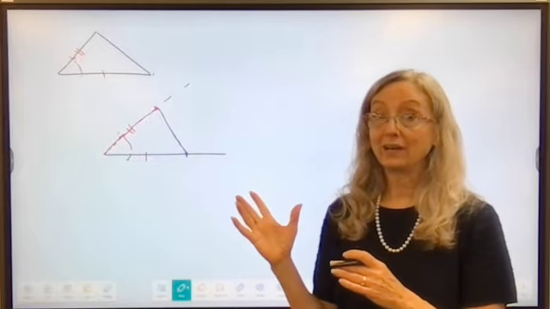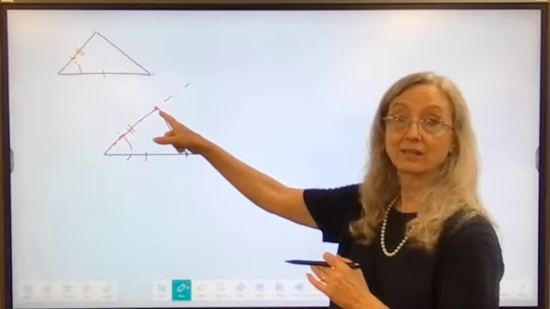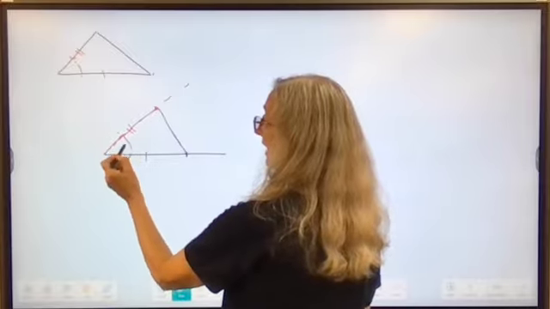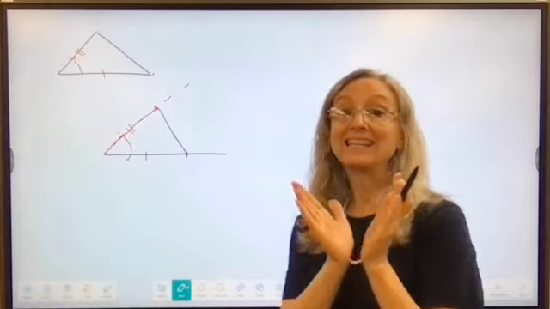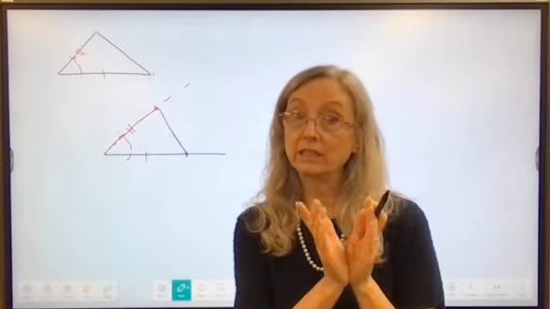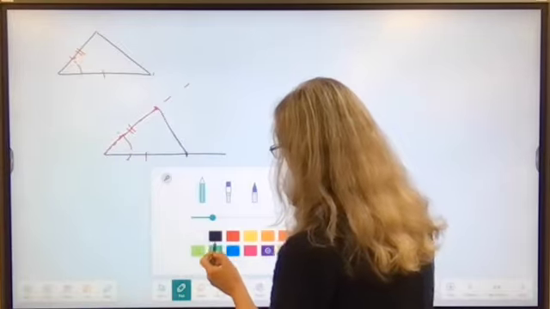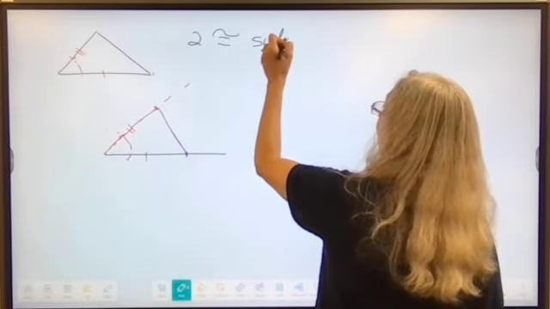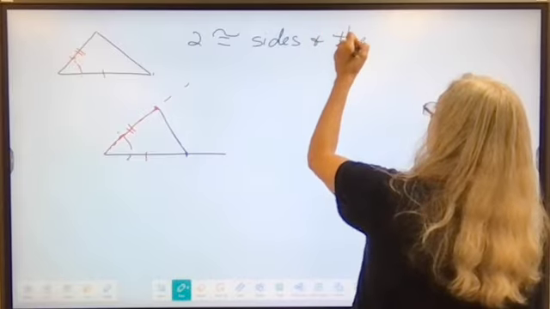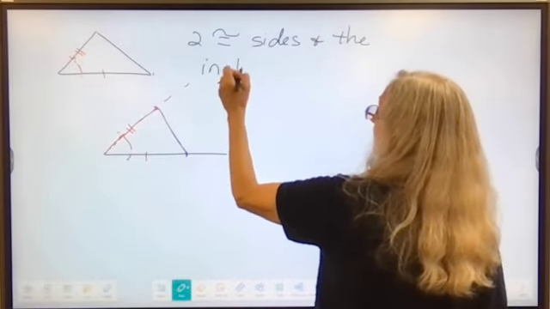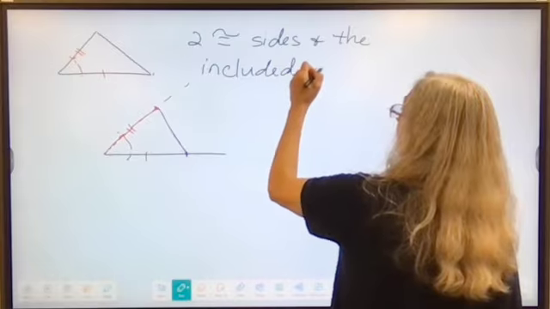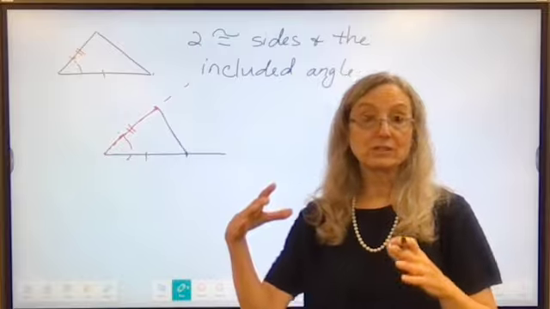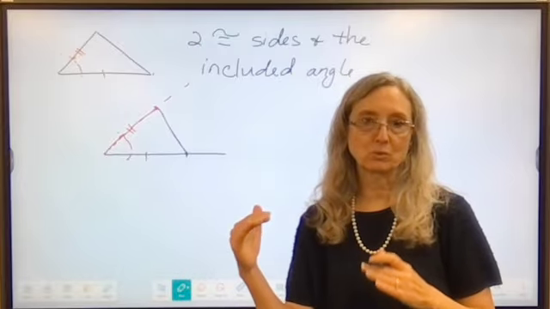So really, I don't have to have all three sides. If I have two sides and the angle that creates them, called the included angle, so two congruent sides and the included angle, the angle that creates those two sides, then that's all I need to know that the rest of the triangle has to exactly line up as well.